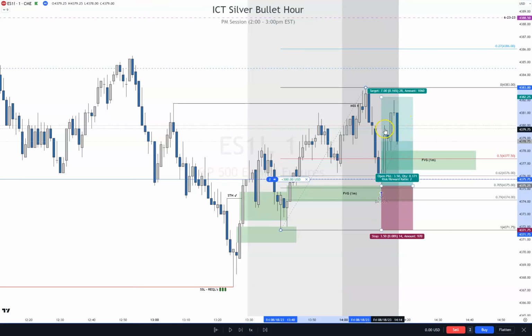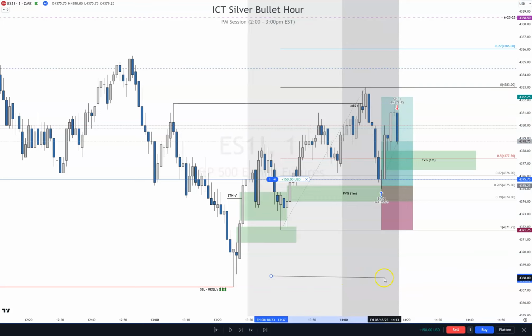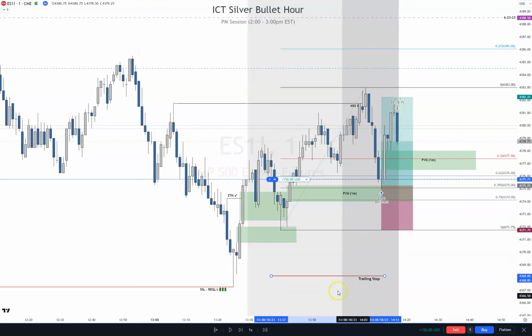At that point, we would have taken partials right in here, and our stop would have been break even, but I didn't. So I'm going to take a partial right here now, just to show you that we would have taken a partial there. And I'll move my stop so you can see where it would have been. Break even, plus 1.